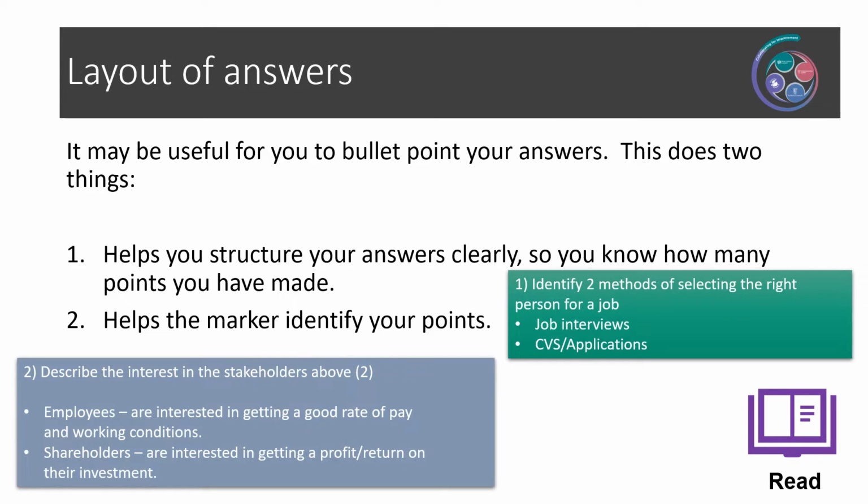Employees are interested in getting a good rate of pay and working conditions, and shareholders are interested in getting a profit returned on their investment. It might also be useful for you to use simple dashes like we have done in question 2. That just shows you that you're going on to describe more, but more about that later.